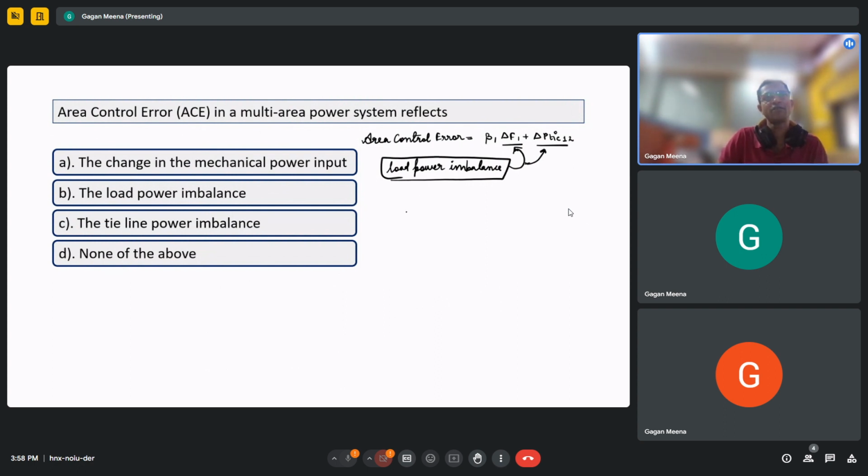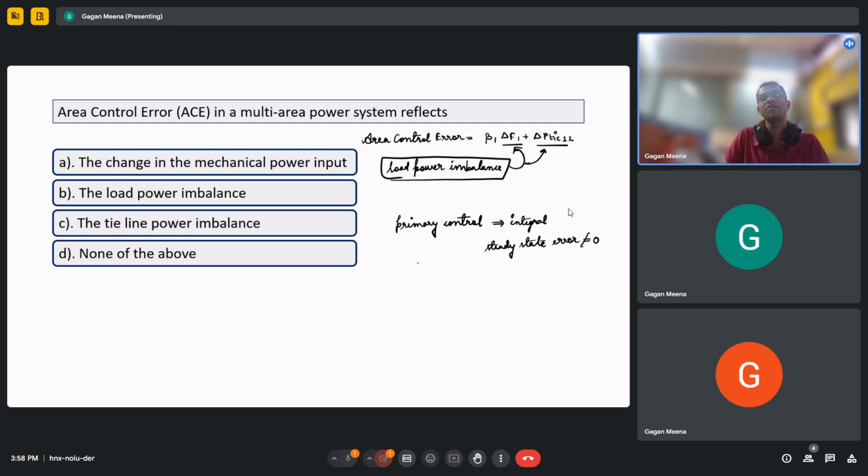The primary control is the load frequency control, where we want to bring back the frequency to its nominal value. Suppose even after the primary control, even after using the integral control, the disturbance may be so large that the steady state error is not zero.